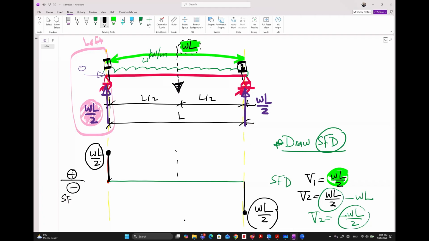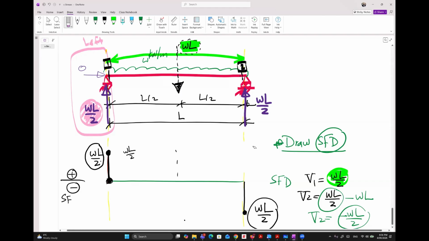So what I have done, I start at this point, right? I go up the value we have at point A or at cut number 1, which is WL over 2. From 1 to 2, I don't have any cuts. At cut number 2, I was at WL over 2, and then I drop WL, so I will reach negative WL over 2. Negative means below the datum.